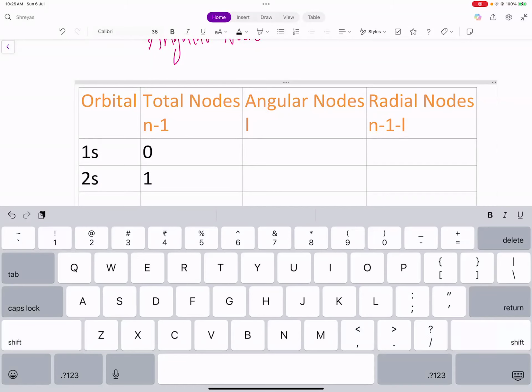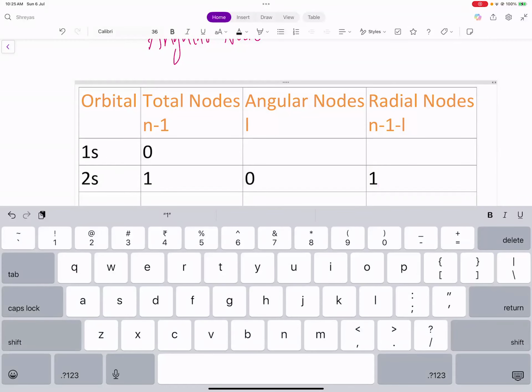This is 0, right? In s orbitals, because they are spherically symmetrical, we will only have radial nodes. We never have any angular nodes because L value will always be 0 for any s orbital, right?